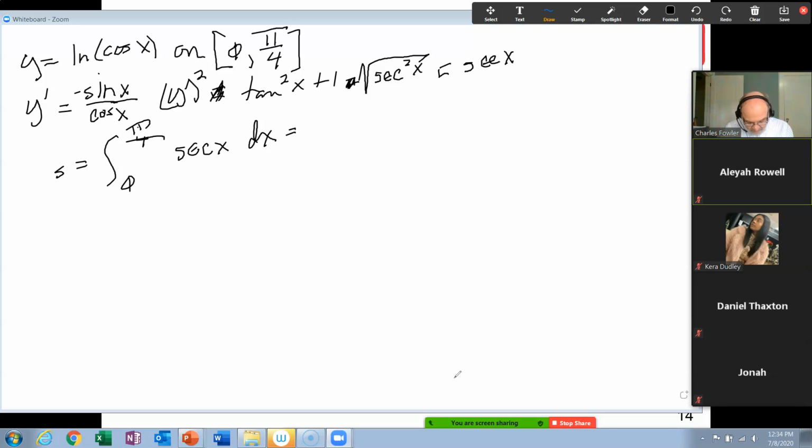And if you go down into the trig functions there, you'll see number 12, the antiderivative of secant u du, which is exactly what we've got, is the natural log of the absolute value of secant x plus tangent x. That is so ugly.